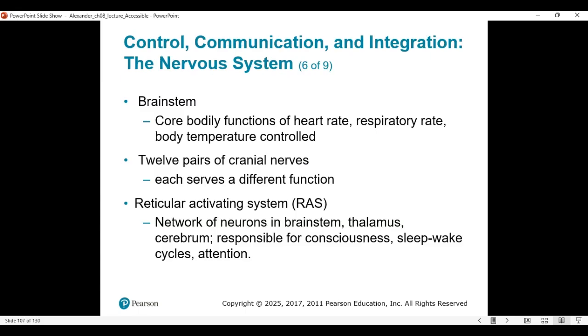When we talk about going back to this, we're talking about an altered mental status. This is what we're talking about. It's a variation in this RAS. For some reason, trauma, drugs, whatever, illness can affect that consciousness or your attention.